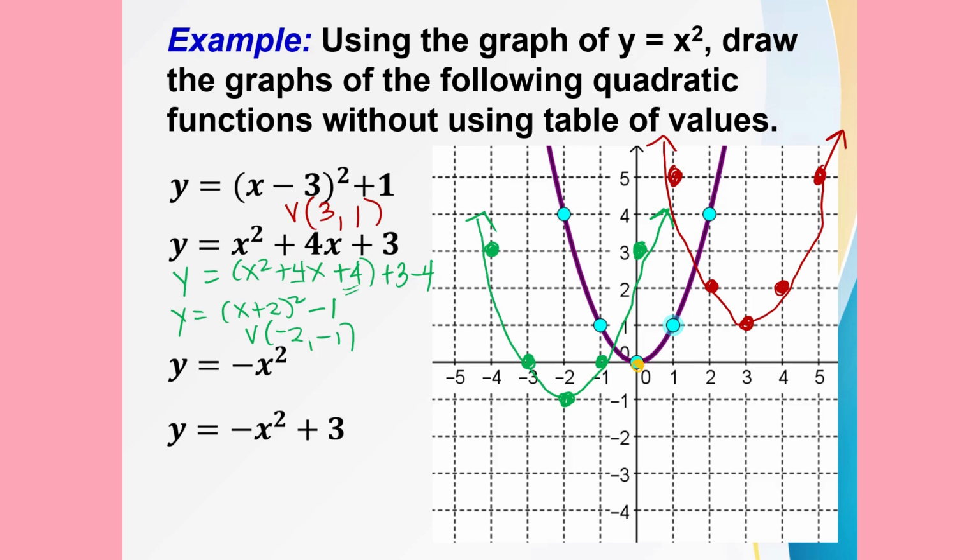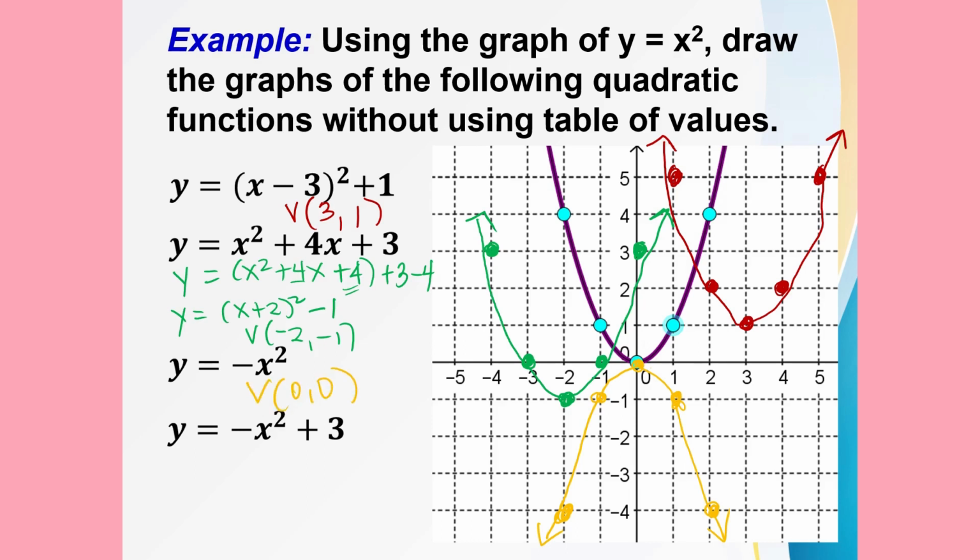Yung dalawang sumunod na points, dito lang po sa baba, kasi nga naka-downward. Yung sumunod na other 2 points sa baba, dahil positive 4 sa taas, edi negative 4 dito sa baba. Okay, so ayan po yung pangatlo na quadratic function y equals negative x squared. So, ang vertex po nito is at point (0, 0).